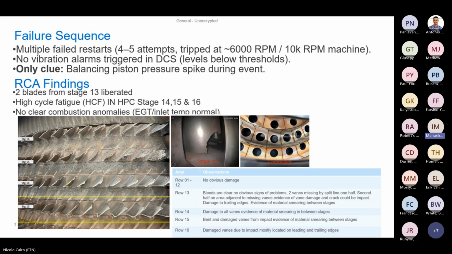However, we still haven't found the cause yet. No clear combustion anomalies have been found, such as EGTs increased or inlet temperature anomalies, etc. And also there was no vibration alarm triggered in the DCS as well.